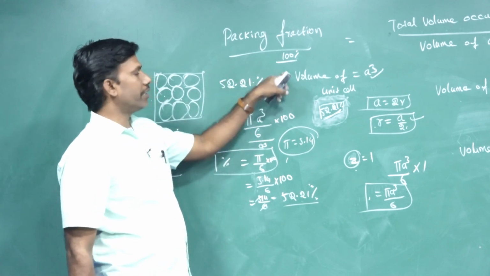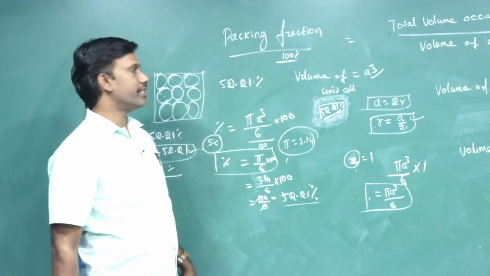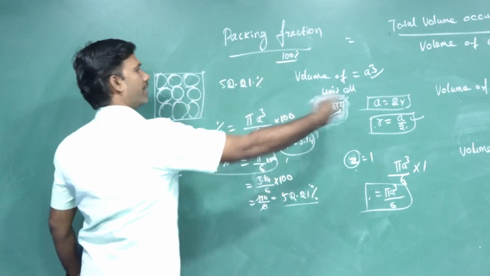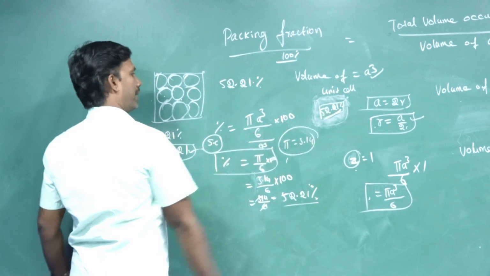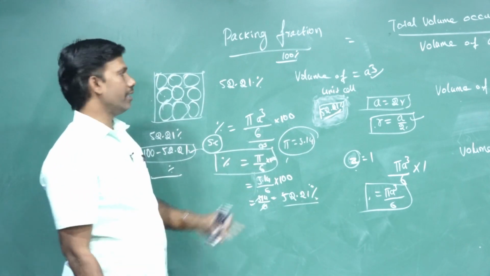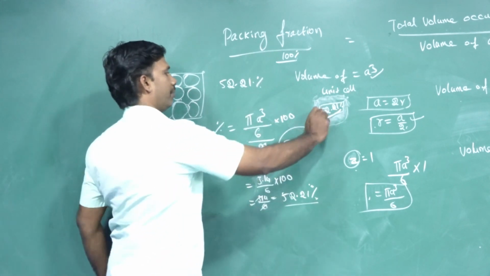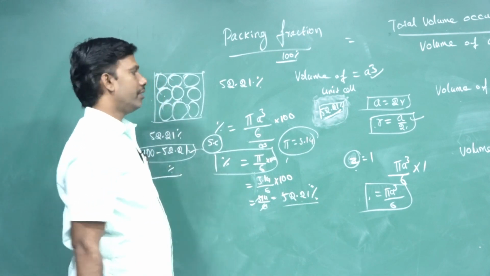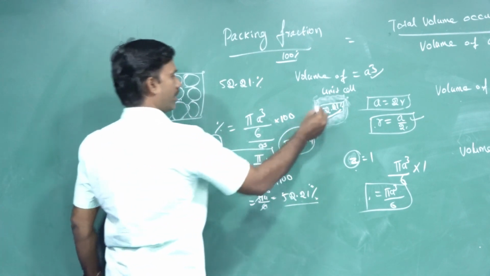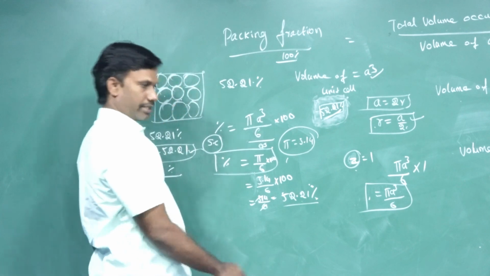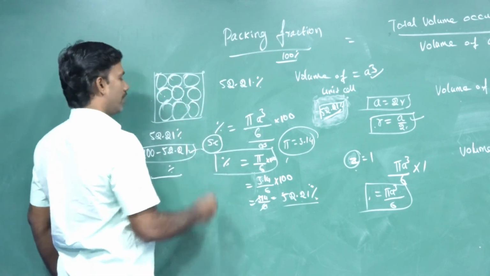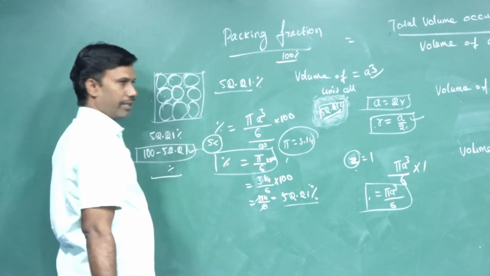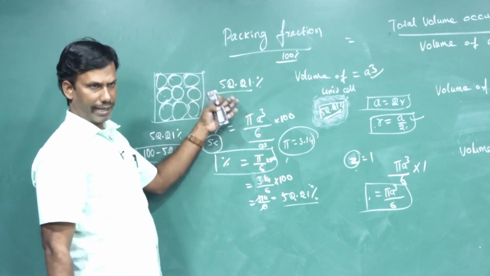As you will see, FCC has a higher efficiency comparatively, because we will calculate the packing fraction of BCC and FCC in the next classes. Then you will find simple cubic is the least, 52%. The packing efficiency gives the force of attraction. So it is very loosely packed, almost 50% only is packed.